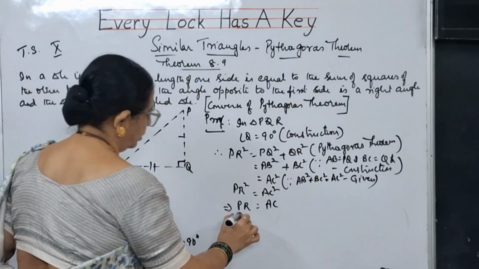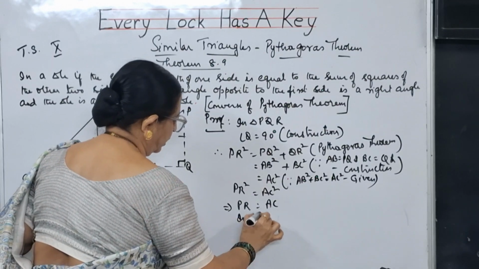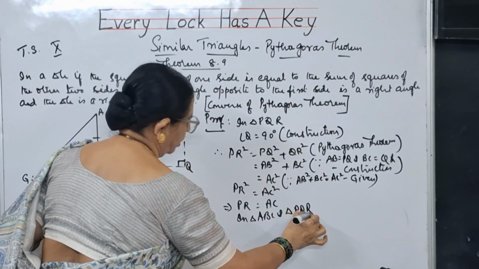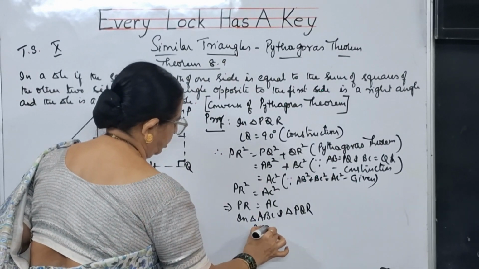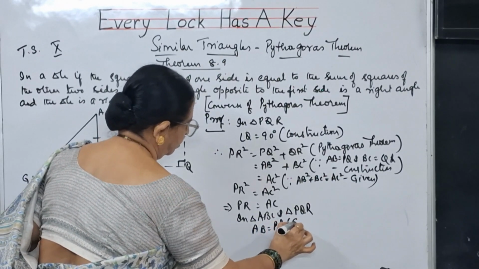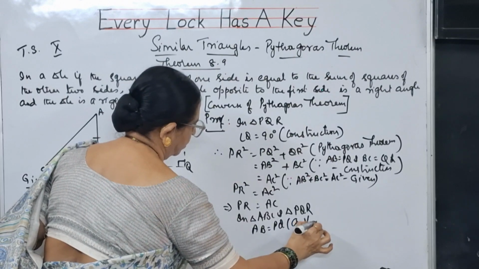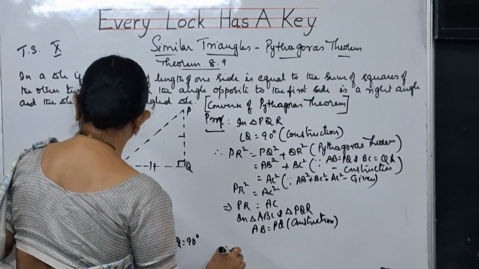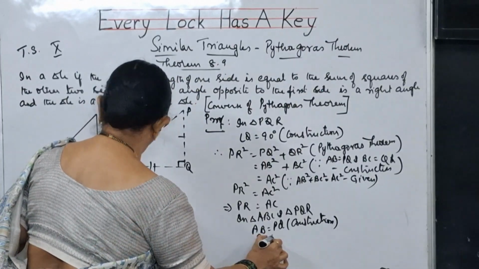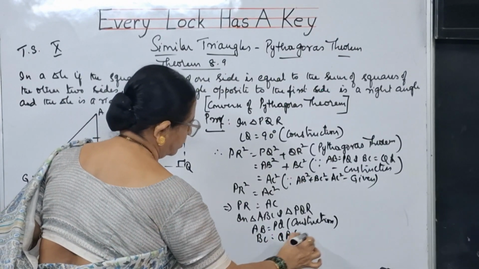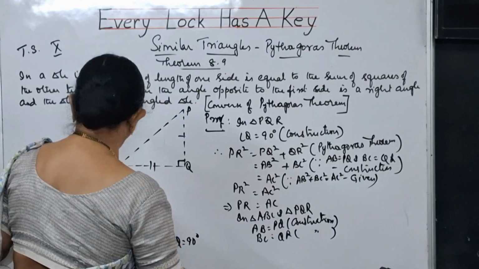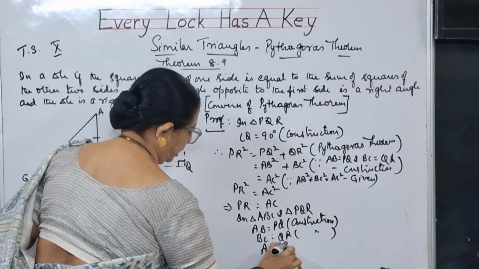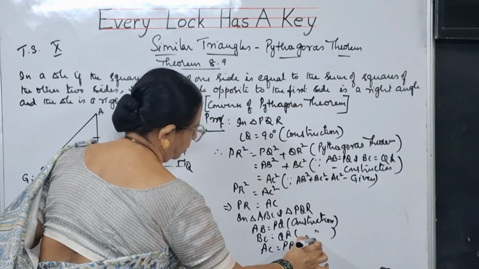Now, in triangle ABC and triangle PQR, AB is equal to PQ is our construction, and BC is equal to QR because of our construction, and AC is equal to PR, we have just now proved.